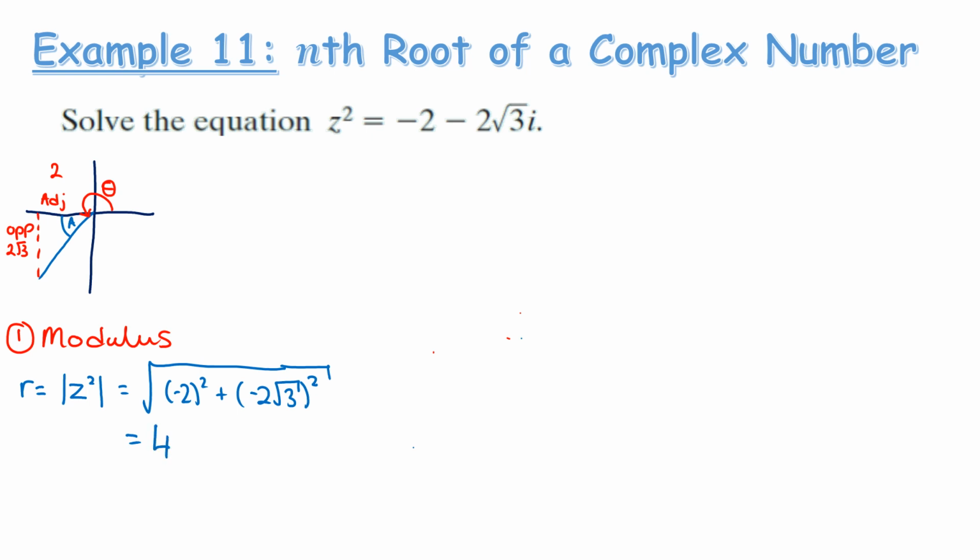And then the second thing we need to do for polar form is the argument. So the argument is the angle going from the positive sense of the x-axis. And before I can do that, we're going to need to work out A, the reference angle.